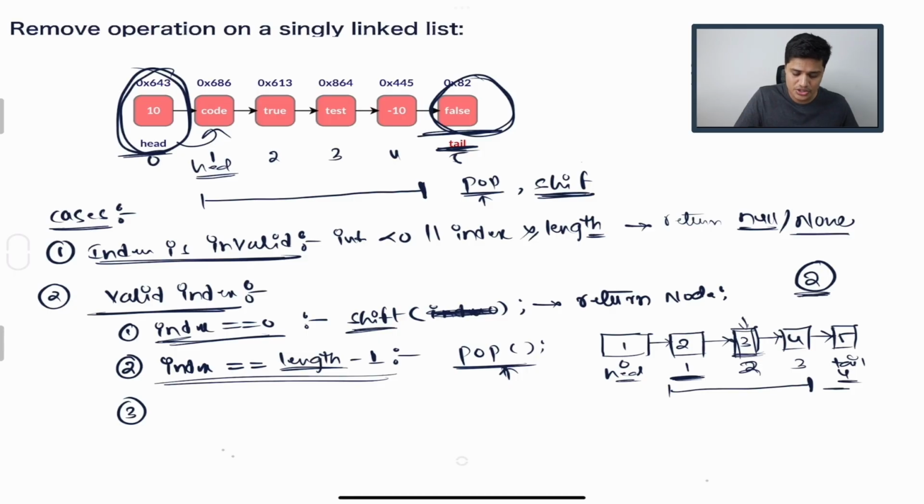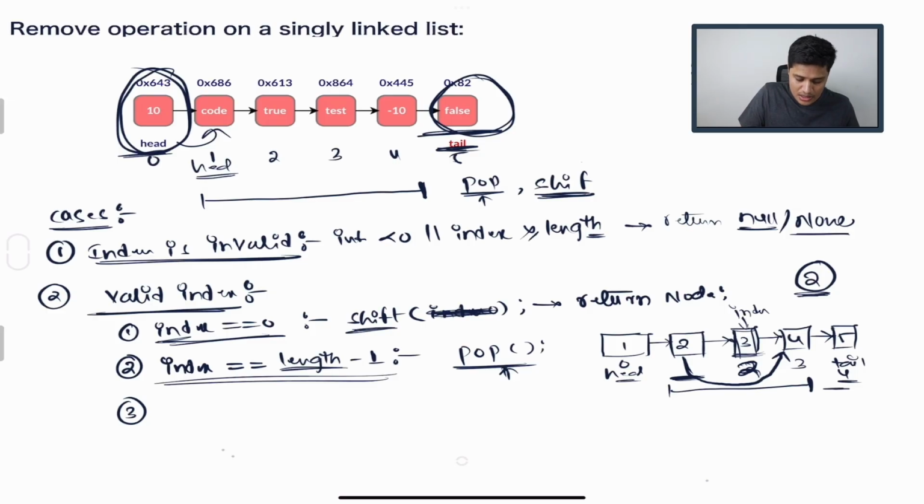So we have to make sure that that node we are updating it to the next of the node that is at indexed position. So we will get the node that is at index minus 1th position and we will update the next of that particular node with the next of the node available at indexed position.